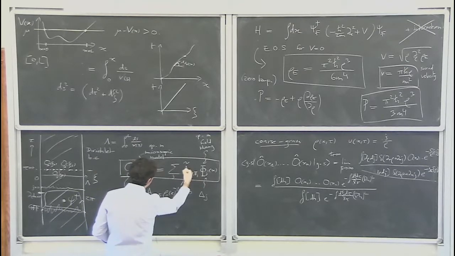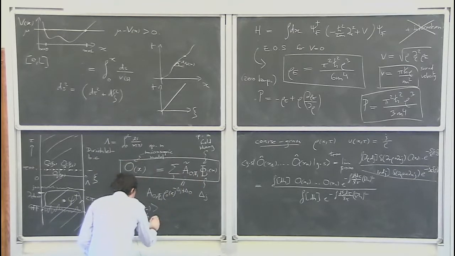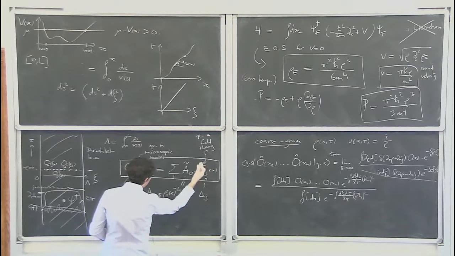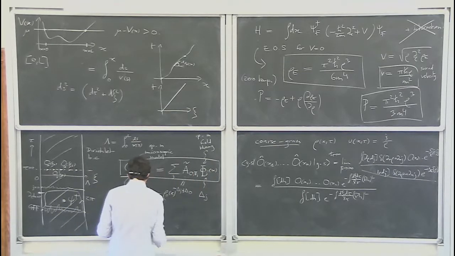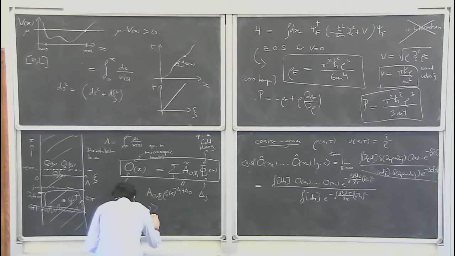So this A you can view as a matrix that changes the basis, if you want, between the operators in the microscopic model and the ones in the field theory. So basically, what this does is that it changes to the right basis in which the correlation functions behave in a nice way.